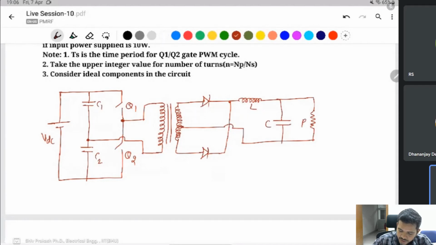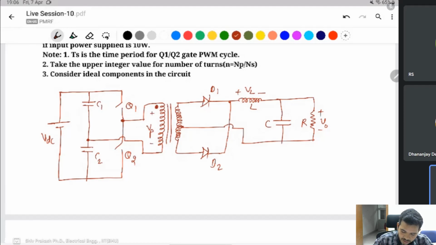One inductor, one capacitor, and the load resistance. This is the inductor voltage. This one is the diode D1, and this one D2. I take it like a Vp, the primary side voltage of the transformer.